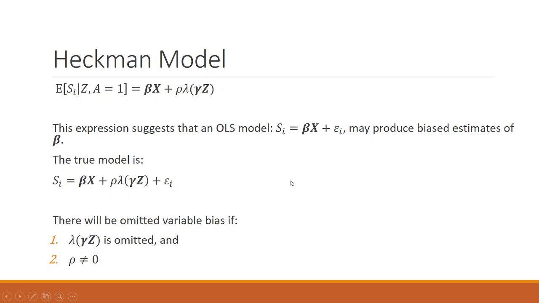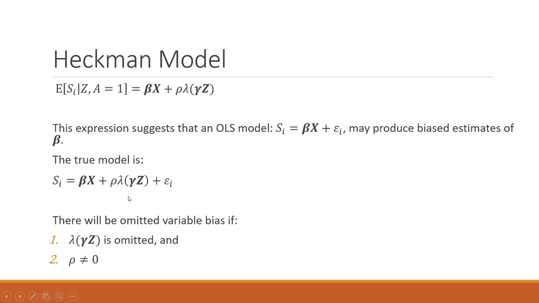Because if we ran just the ordinary least squares regression model with only beta x, then we would be missing a variable. We would be missing information. The true model is S regressed on beta x plus the inverse Mills ratio, this lambda of gamma z.